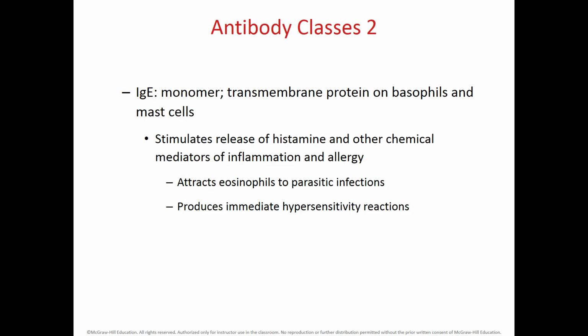IgE is a monomer that is found on the surface of basophils and mast cells, and when you cross-bridge two neighboring IgEs with an antigen, you will have a massive release of histamine and other chemical mediators of inflammation, and then you have allergy. And this IgE will help to attract eosinophils to fight against parasitic infections, and also will produce the classical immediate hypersensitivity reactions or allergies.